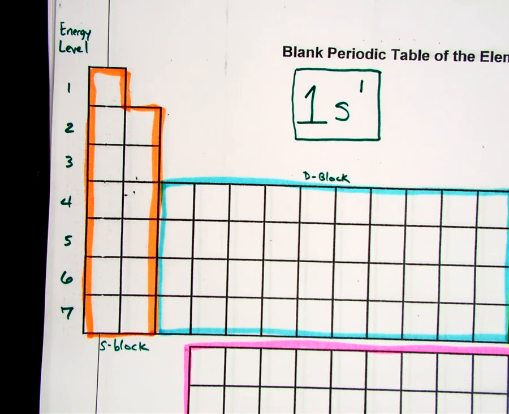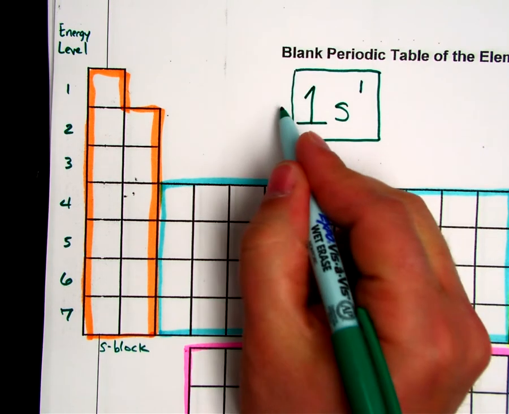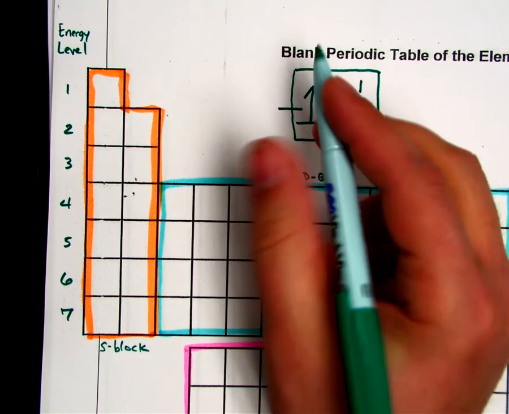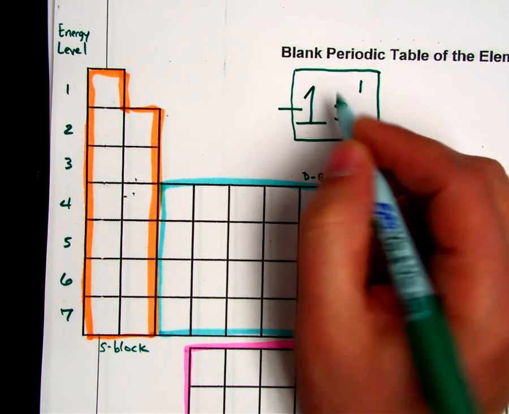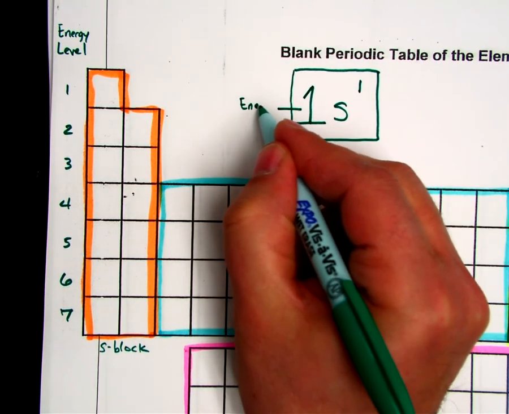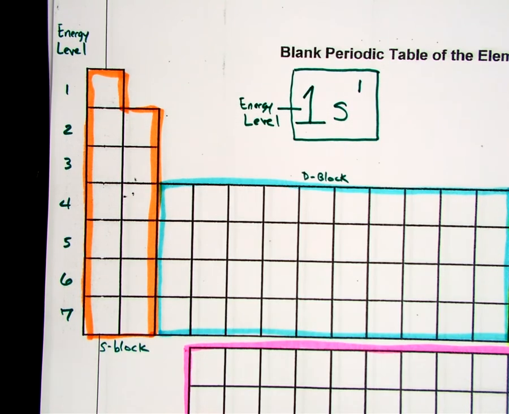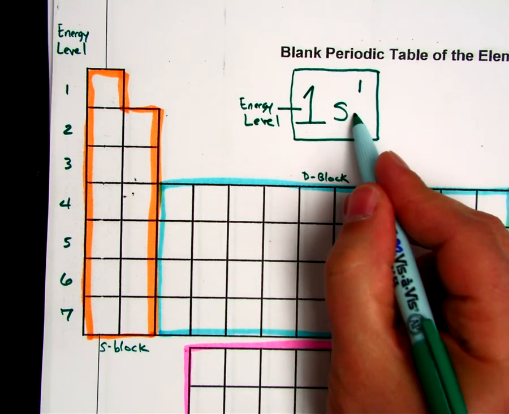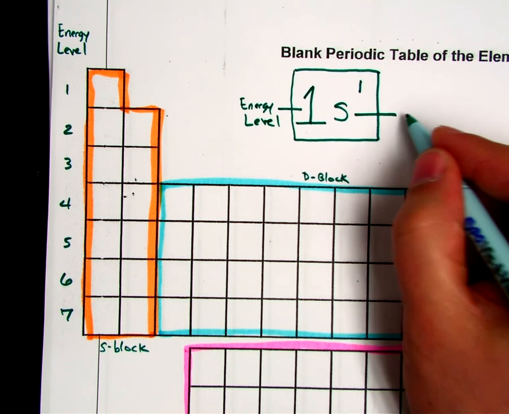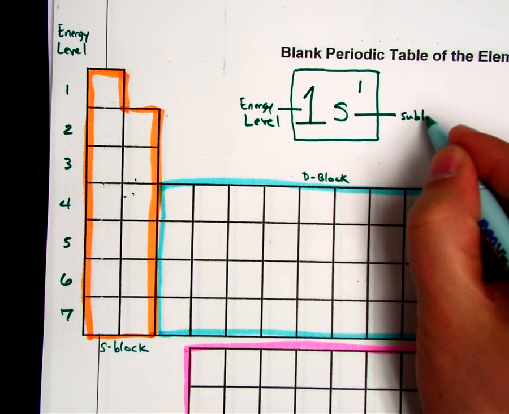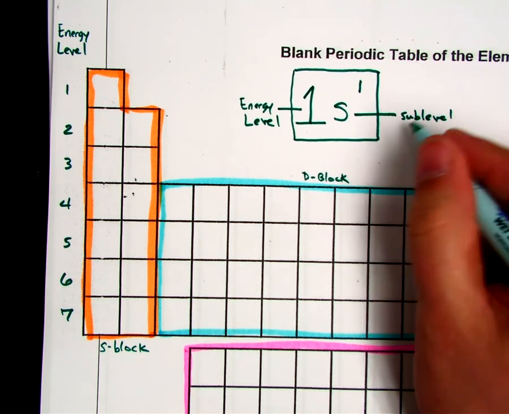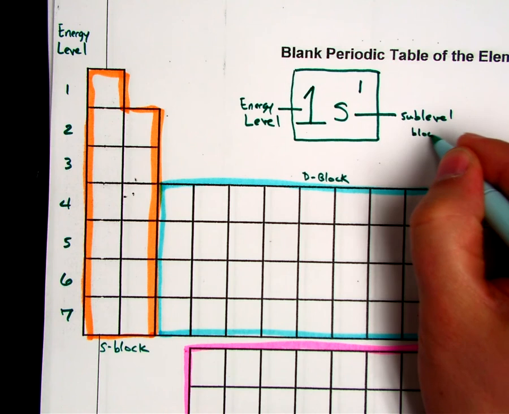So let's identify what is involved with coding a particular element. The first thing we have to be putting into a square is the energy level, and that's what that 1 is. So energy level 1. S is considered a sub-level. If you'd like, you can put block in parentheses.